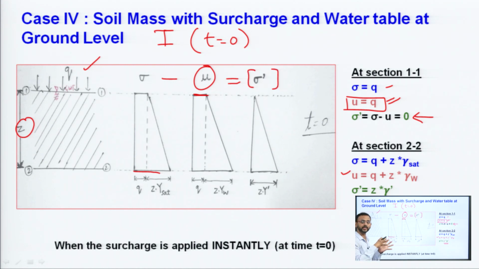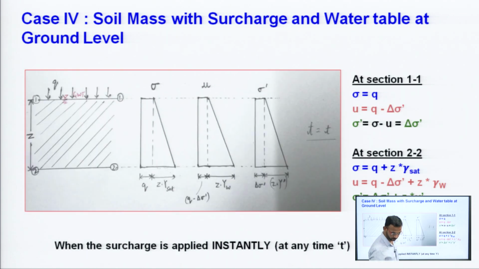So you subtract this value and you get this effective stress value. This is at time t equal to 0, but what happens slowly? Slowly this load, the surcharge which was entirely transferred to the soil water, will now get transferred to the soil solids with time.